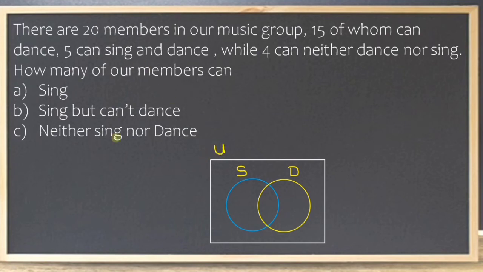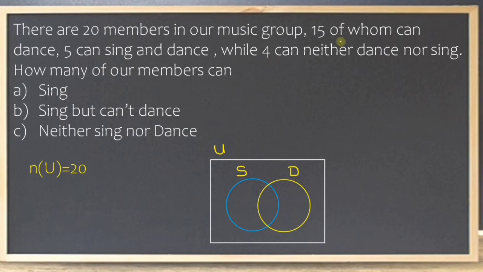The next thing we want to do is to narrow down this sentence into mathematical representation. We say there are 20 members in our music group. So the music group is the universal set, and it becomes the universal set is 20.